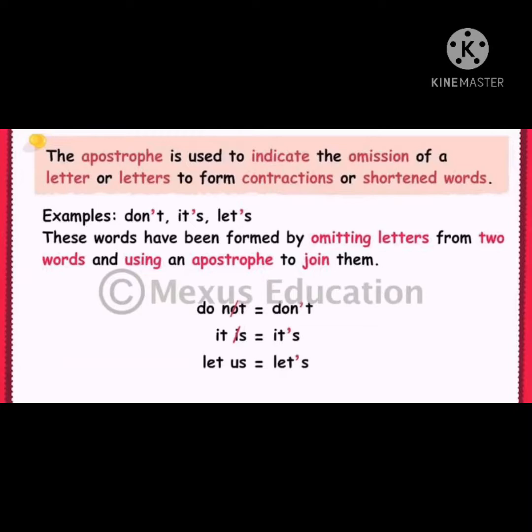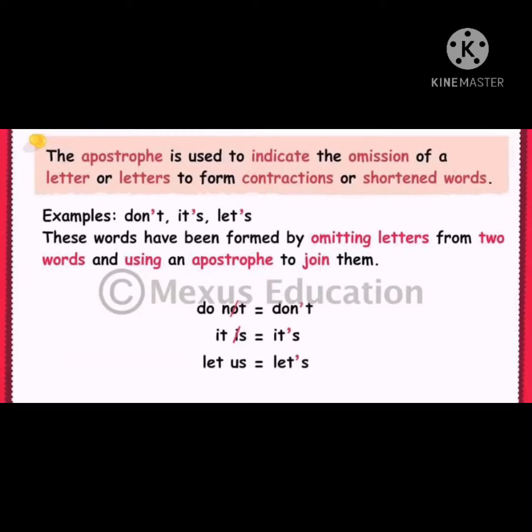In the same way, there are two words, it is, but if I have to shorten or make it a contraction, I'll write it's, and I'll omit that particular letter, that is i, and instead of that I'll give my apostrophe.